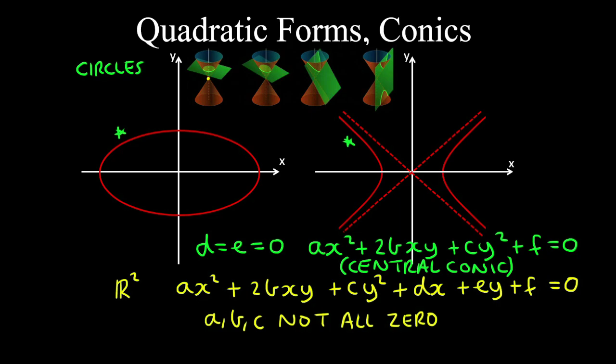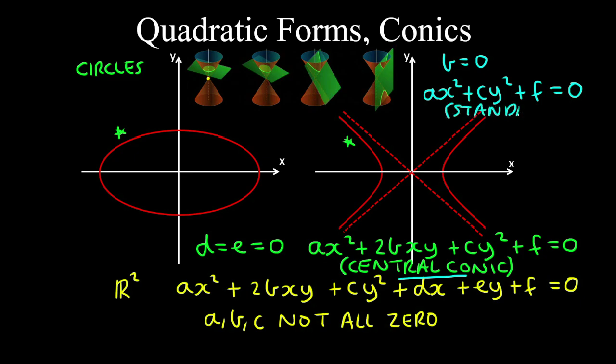Now furthermore, if b is equal to 0, then there are no cross terms. So we'd have ax squared plus cy squared plus f is equal to 0. So this also represents a central conic, but in standard position. So for example, if there were cross terms, then this ellipse in standard position would be rotated.